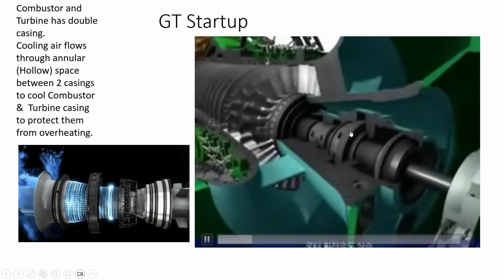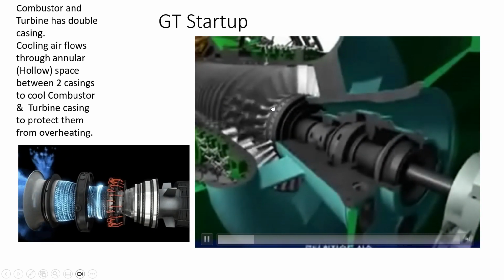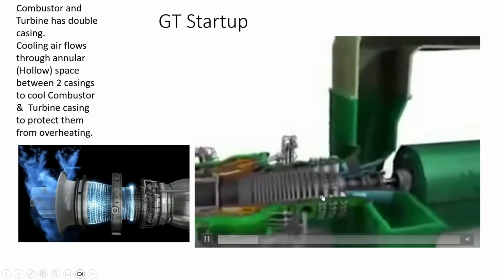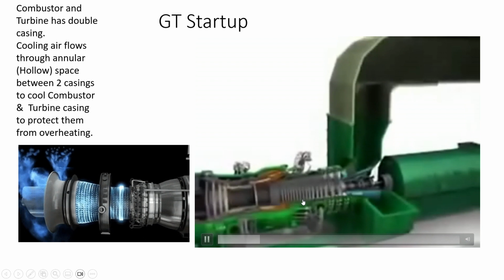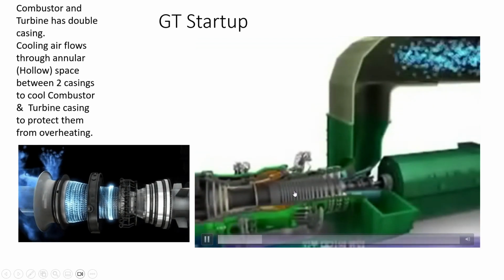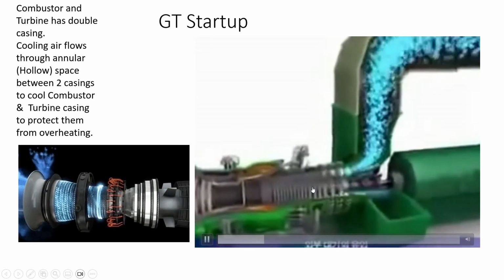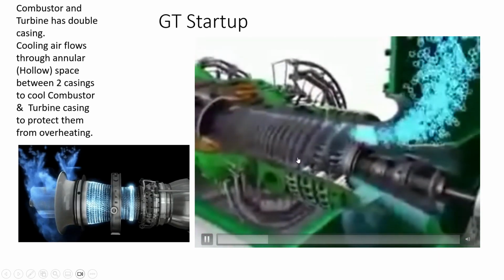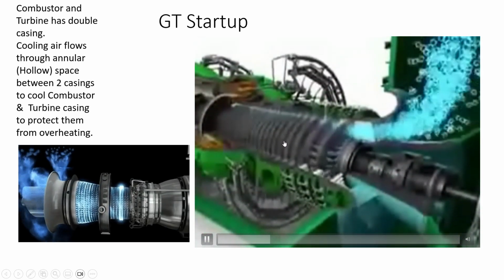Now we have given the start command, so the compressor has started rotating and air has started flowing through that. You see the air is now passing through the compression, then it will be passing through the combustion.